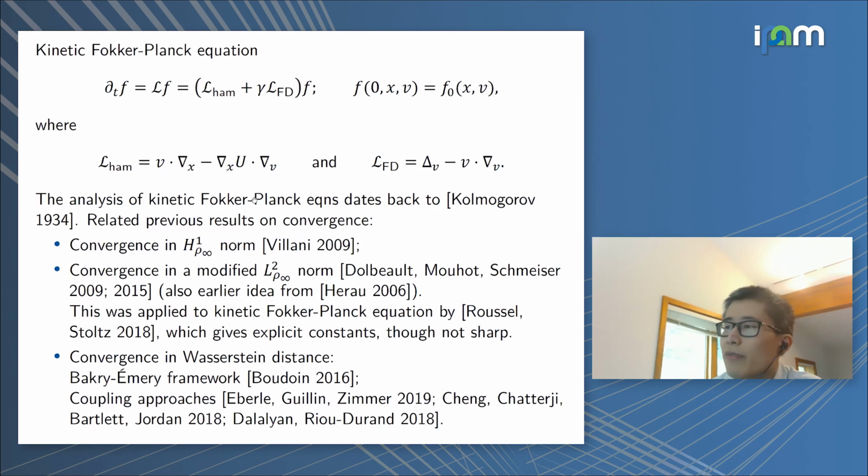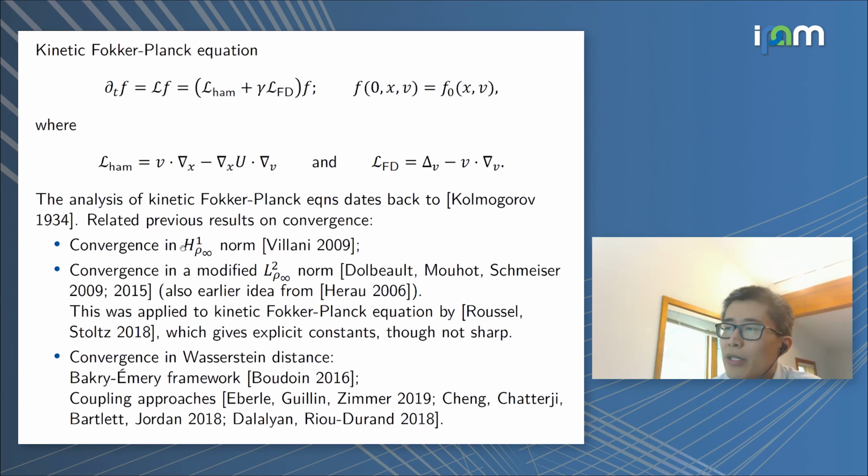Of course, the analysis of the kinetic Fokker-Planck equation goes back to Kolmogorov, but related to our analysis, there are many results on convergence. For example, in 2009, Villani studied convergence in the H1 norm, where he established the notion of hypocoercivity. In that result the constant is fairly implicit, so you cannot track the convergence rate.